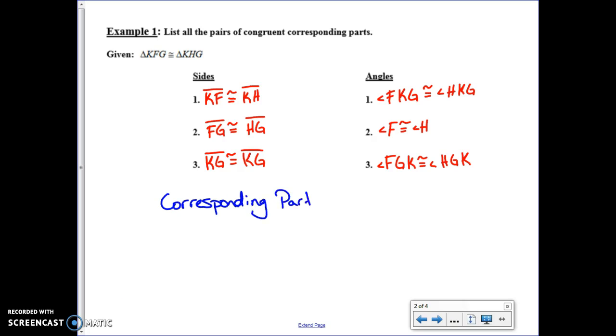parts of congruent triangles are congruent. You need to know this statement, but I don't expect you to write it out every time if you know what the statement means.